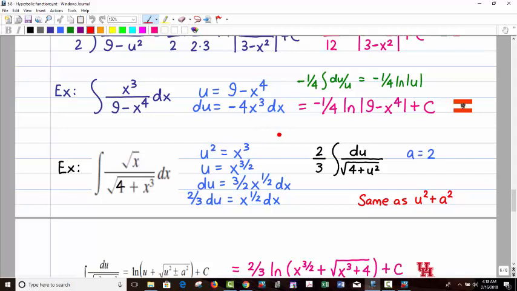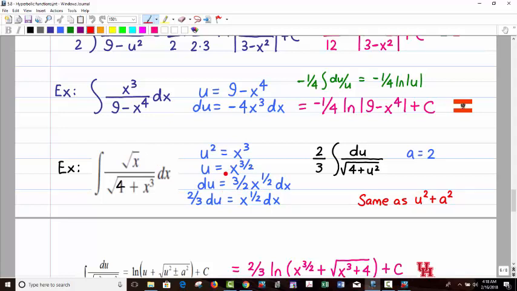So I'm looking at this going, well, I kind of jumped ahead here, but I figured that u squared had to be x cubed, and then let u equal x to the 3/2, and that's actually what works out beautifully, because we have the u squared, and because x to the 3/2 has the derivative of an x to the 1/2.